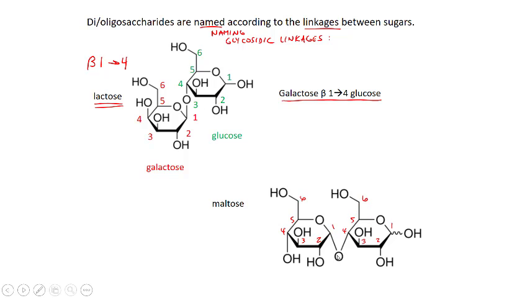So notice it's going from 1 to 4. And in the case of our anomeric carbon, the OH is pointing down, so it must be alpha. I will say that this is an alpha 1,4 glycosidic linkage. And that's what it is. So maltose is properly known as glucose, alpha 1,4 glucose.